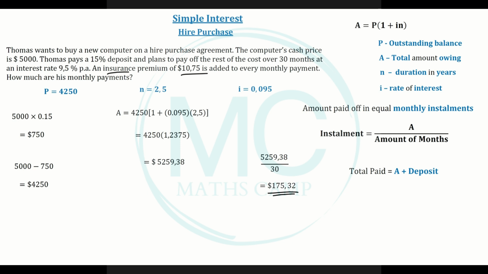So we can say $175.32 plus the insurance premium of $10.75, and we get an answer of $186.07. This will be the amount that Thomas needs to pay the store each month.